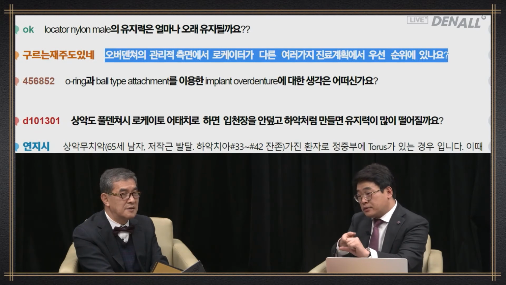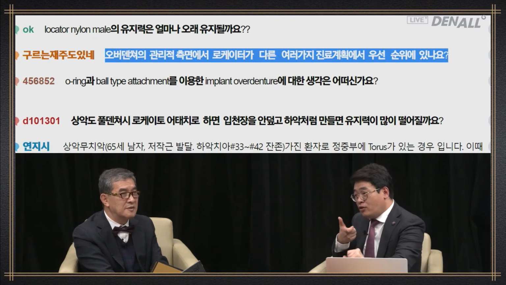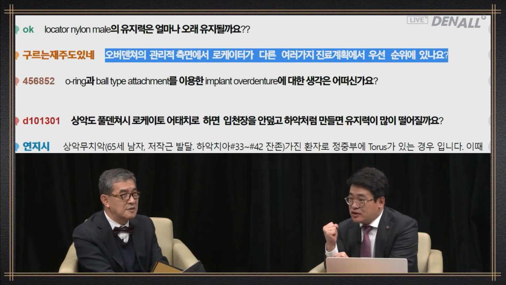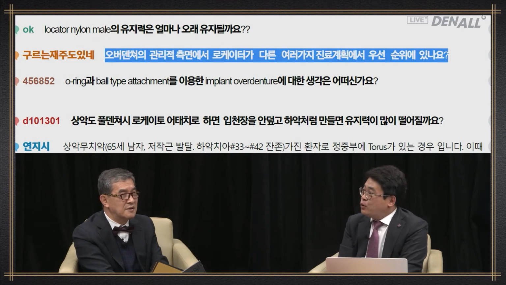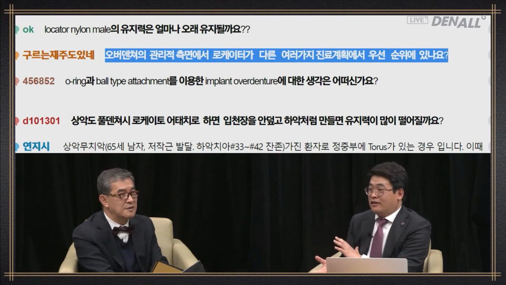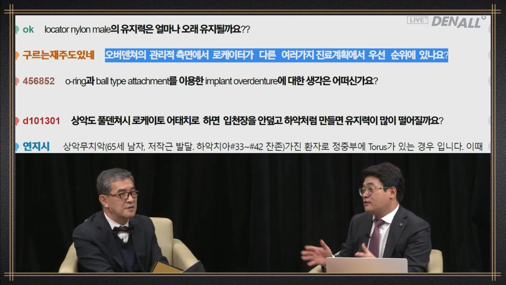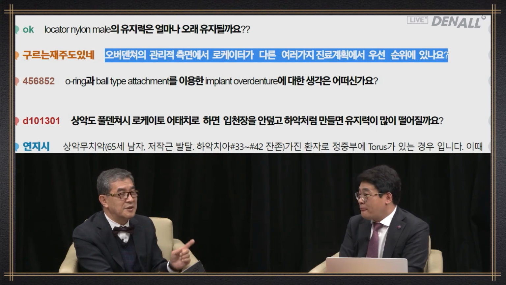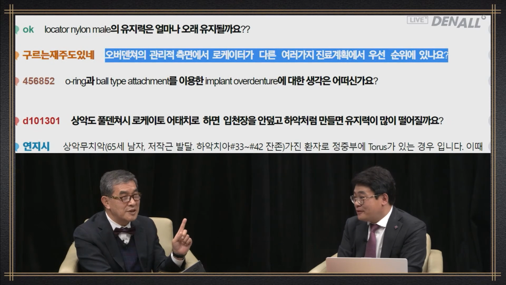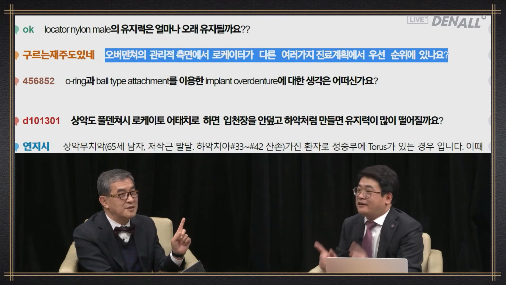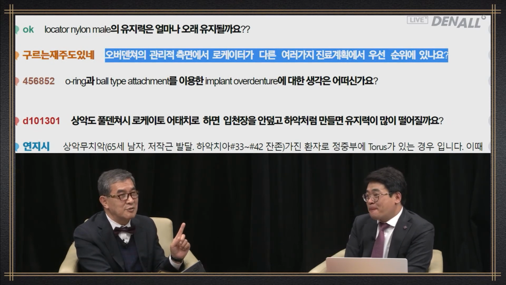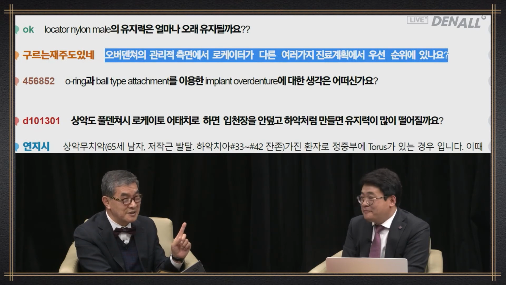Using the first part of the Locator core tool, you can remove it easily. And you can use the second part to put it in easily. The replacement can be done very quickly. Therefore, in terms of maintenance, when you choose single standing type, it is the first choice. You can think of the Osstem TS port system. Yes.